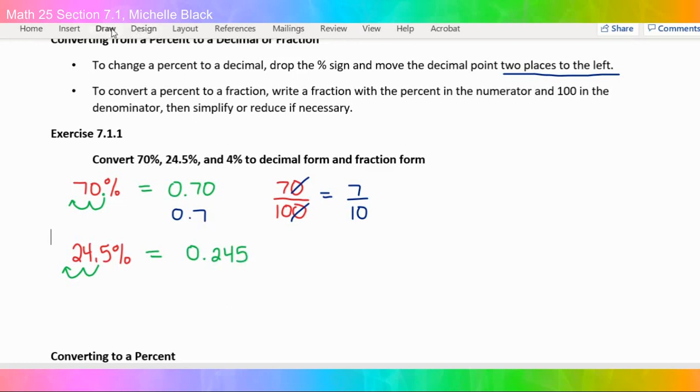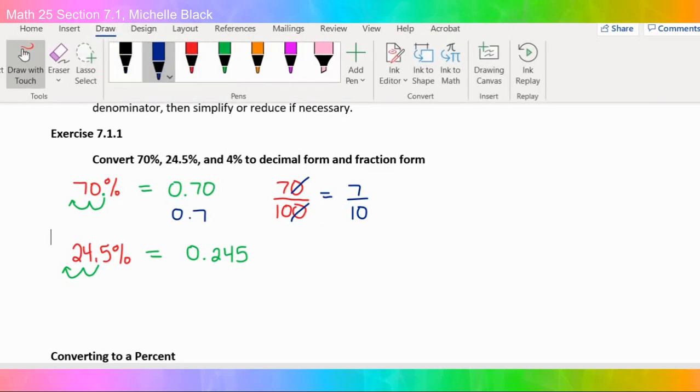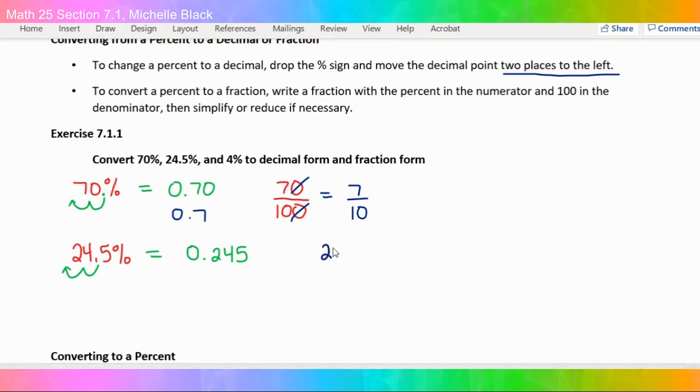Now we want to change this into a fraction, and I'm actually going to use the method where you just read this decimal and write out what you said. If I do that, what I have here is 245 thousandths, right? This is in the thousandths place.